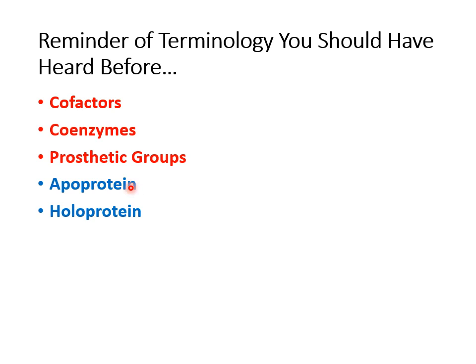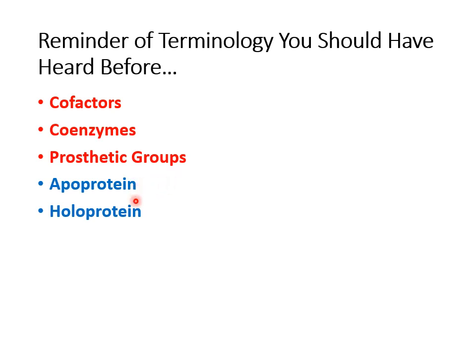Apoprotein: when you have a in front of words, it means without. So apoprotein is when you have the enzyme without any of the cofactors or coenzymes or prosthetic groups. Since it's just the enzyme without any of these helpers, it is inactive. Apoprotein is the inactive enzyme.